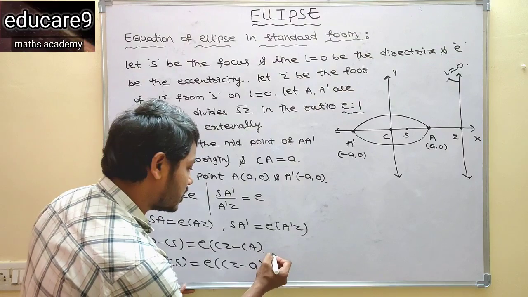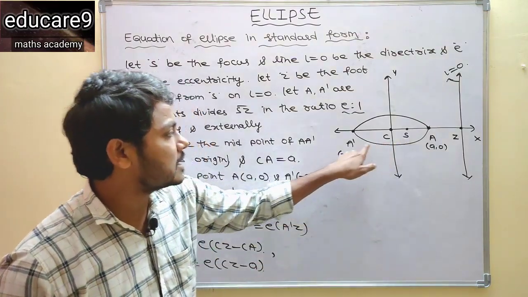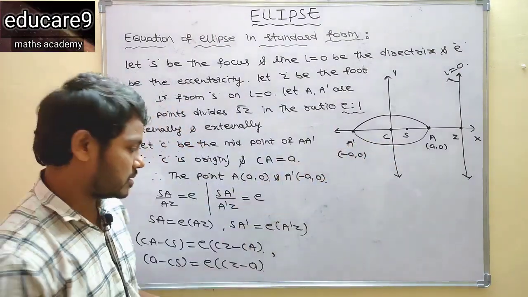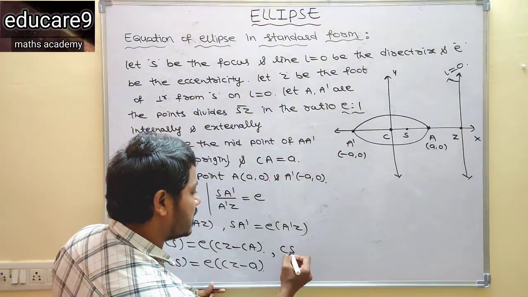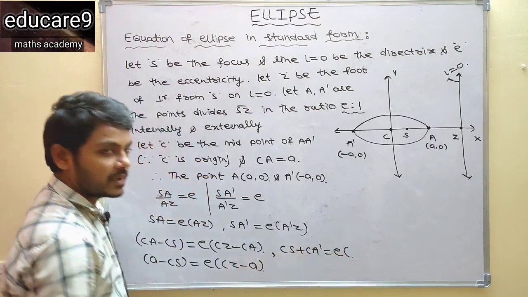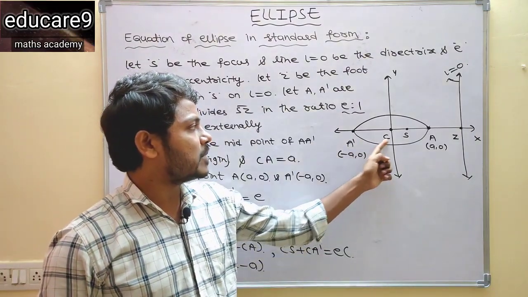Next, this one. SA dash. How to write SA dash? That is CS plus CA dash. CS plus CA dash is equal to e into A dash Z, that is CA dash plus CZ.